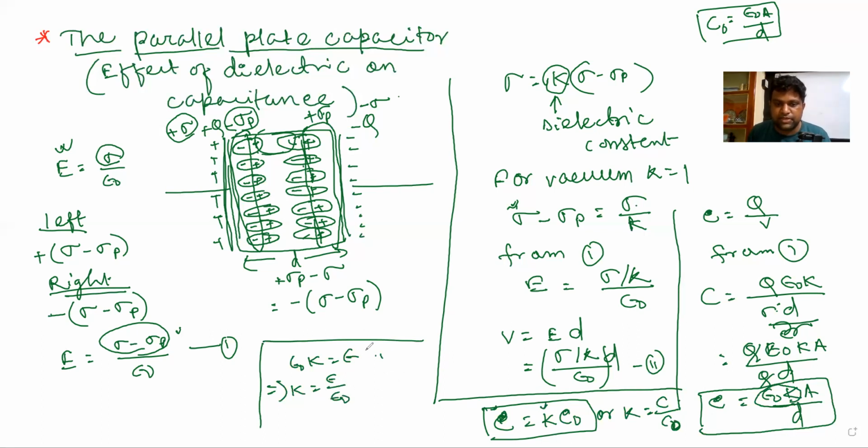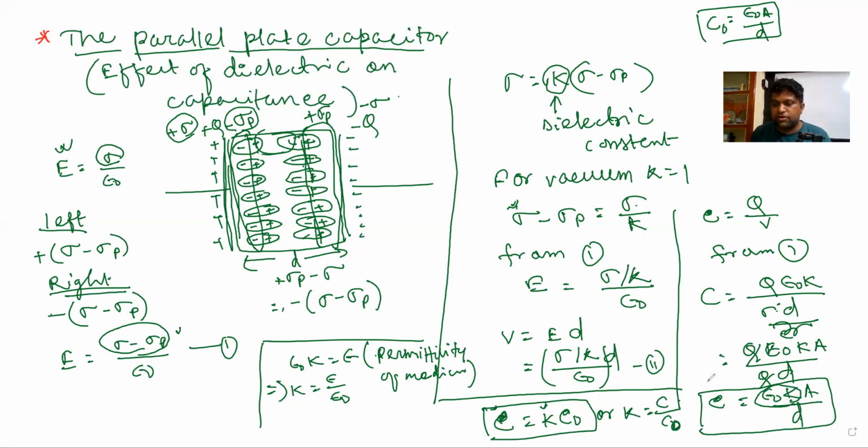Epsilon is the permittivity of the medium, and epsilon 0 is the permittivity of free space. For any dielectric, its permittivity will not be epsilon 0, so it's the permittivity of the medium.